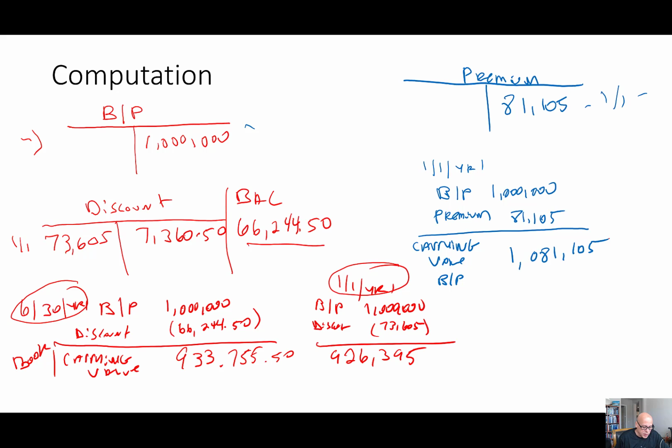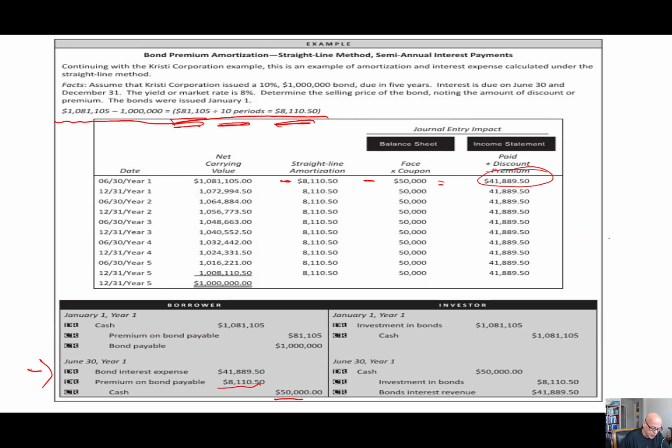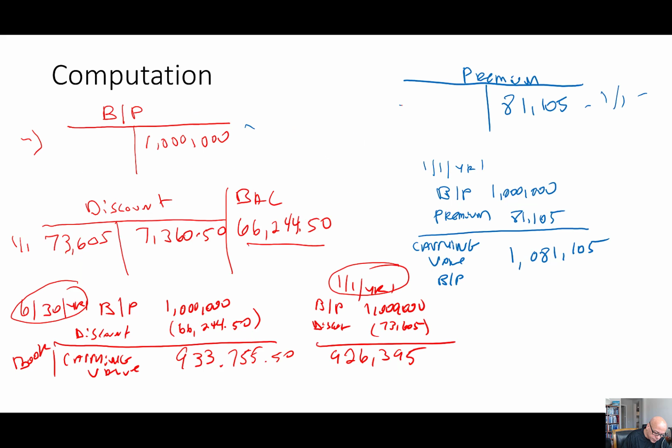Now I go ahead and amortize that premium, right? I debit my interest expense, $41,000. I have to credit cash the full $50,000. And I debit the premium, $8,110.50. When I do that, what's my balance at 6/30 year one?